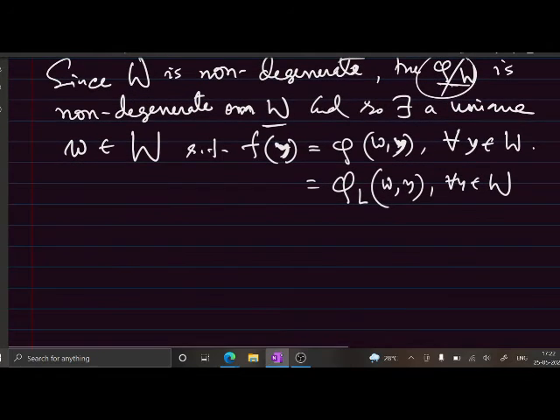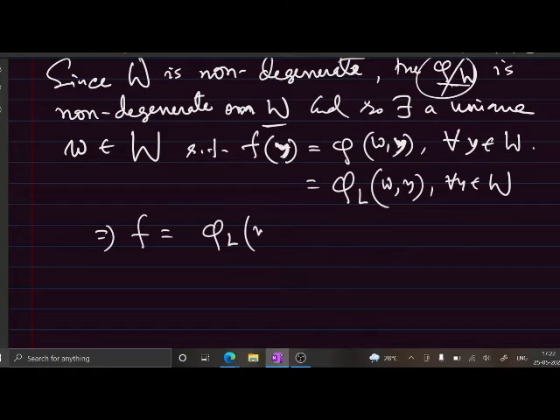Okay, so that means f can be written as phi L of w comma dot.